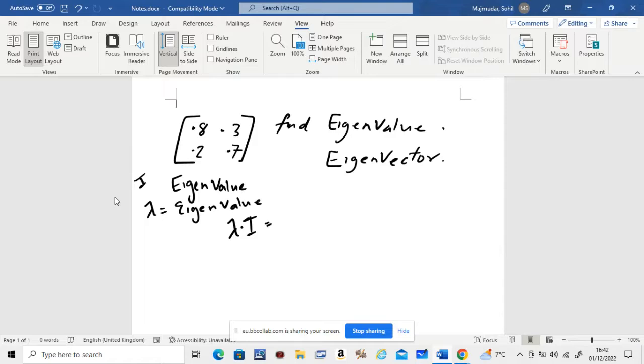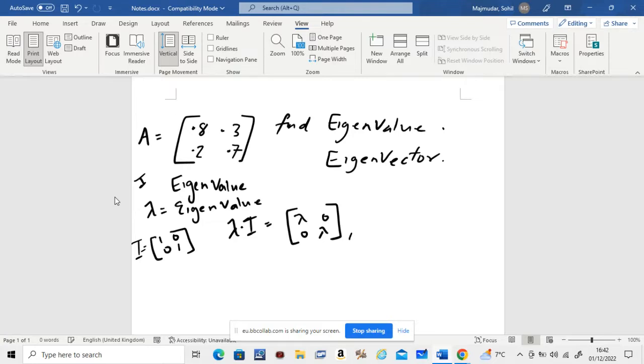So now if lambda is multiplied to a matrix, let lambda be a scalar, then we will get lambda 0, 0, lambda. This is because the identity matrix is 1, 0, 0, 1. So if you multiply this with lambda, all elements get multiplied by lambda, so we get that. And then we say let this matrix be A.